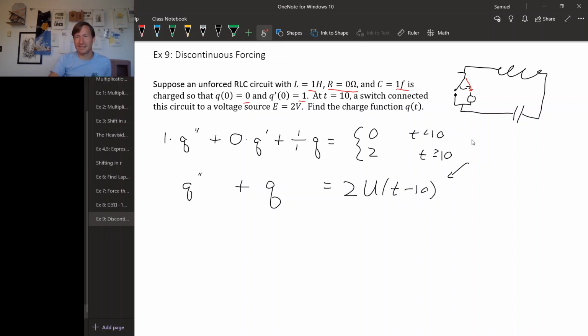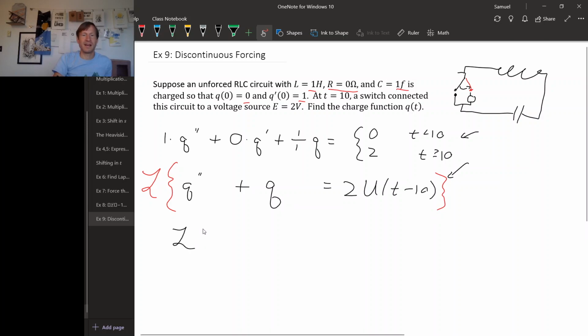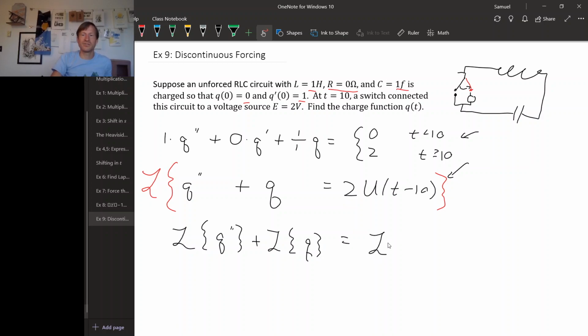So that is capturing this piecewise forcing function. Now we can play our usual game of taking the Laplace transform of everything in sight. So we need the Laplace transform of q double prime plus the Laplace transform of q equals 2 times the Laplace transform of u of t minus 10.